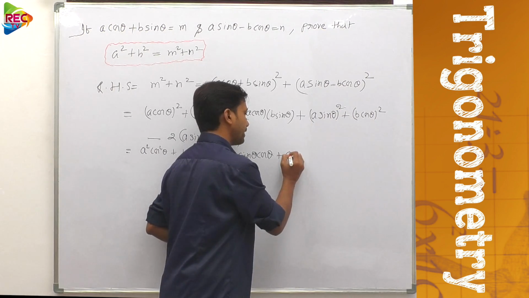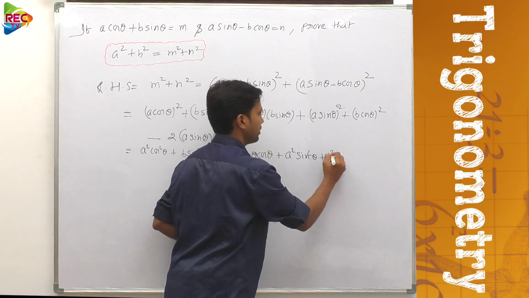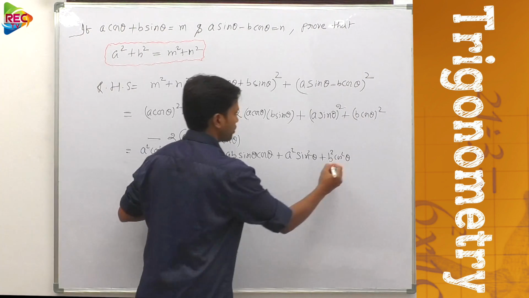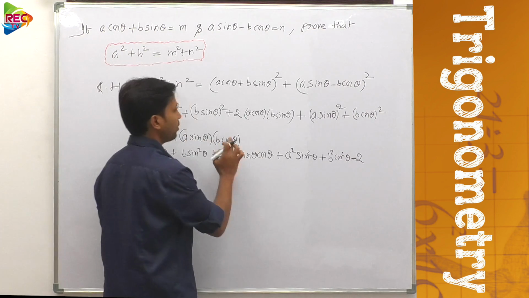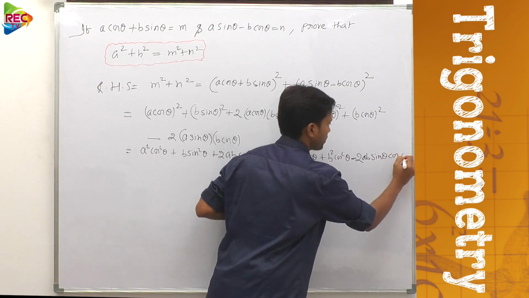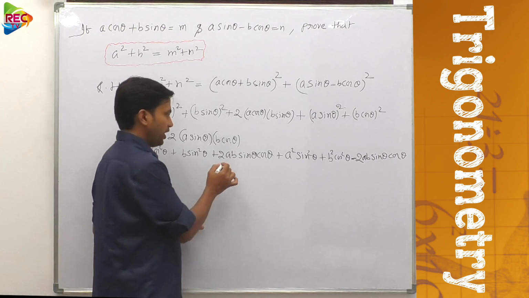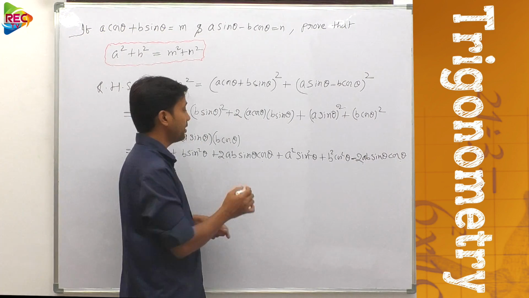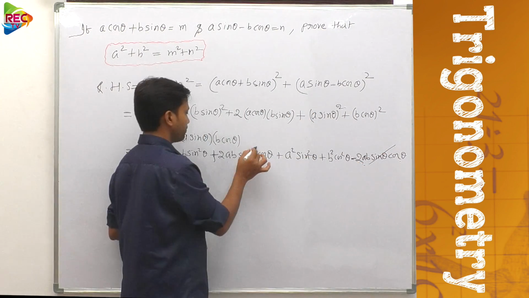So this can be written as a square sin square theta plus b square cos square theta, and minus 2ab sin theta cos theta. Now if you observe, 2ab sin theta cos theta is here, and here also 2ab sin theta cos theta is there, but with reverse signs. Here it is plus and here it is minus, so we can cancel these two.